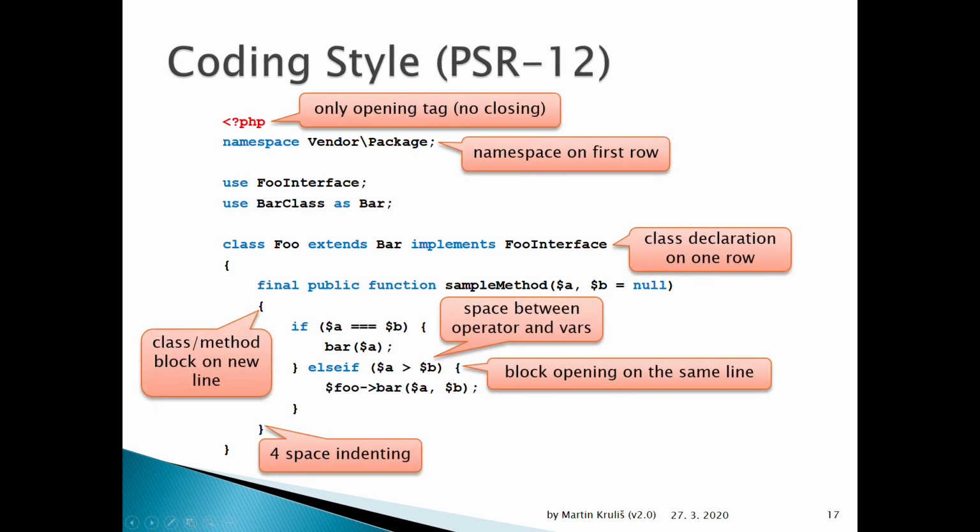Actually, this is just an example because the list of the rules is rather extensive, but just to get you started, remember there should normally be one namespace defined per each PHP file. The curly braces should start on a new line for most of the data structures like classes, methods or functions, but curly braces should be on the same line as the statement if you are just opening a statement block.